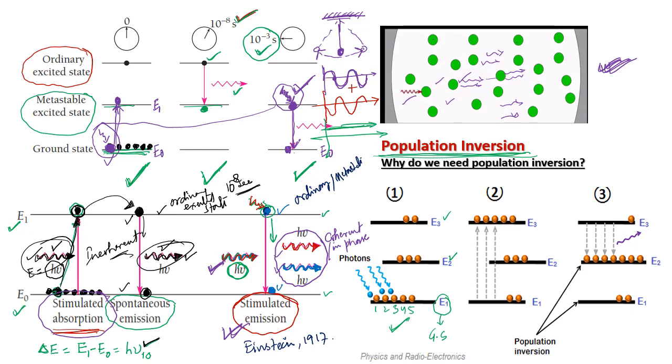So if I say N1 is the number of atoms in the ground state, N2 is the number in the excited state, and N3 in another excited state, then N1 will always be greater than N2 or N3 at thermal equilibrium.